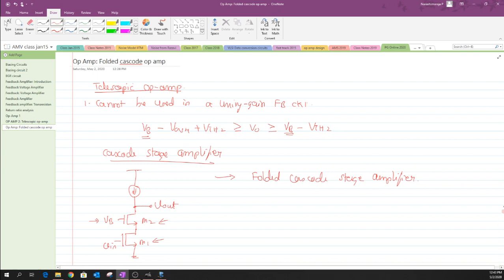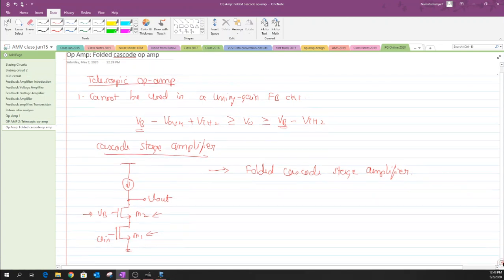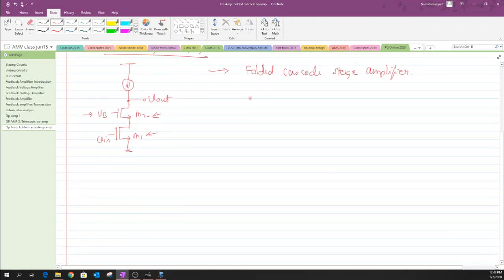So let me try to recall them, because this would act as a base for our discussion. We had two such cases of folded cascode amplifiers. One we called folded up, the other is labeled as the folded down cascode amplifier.